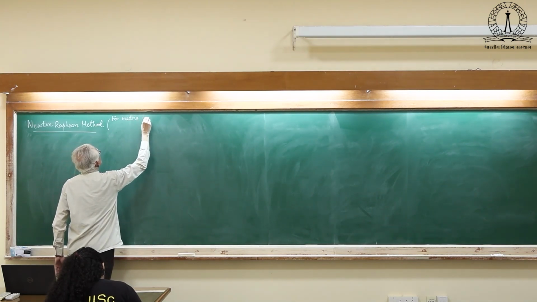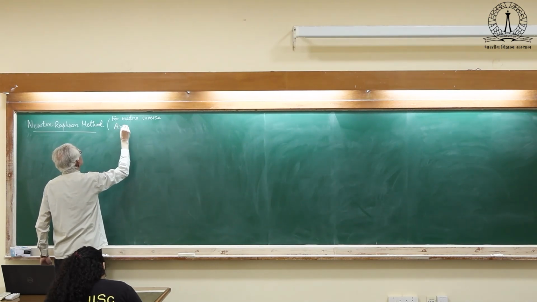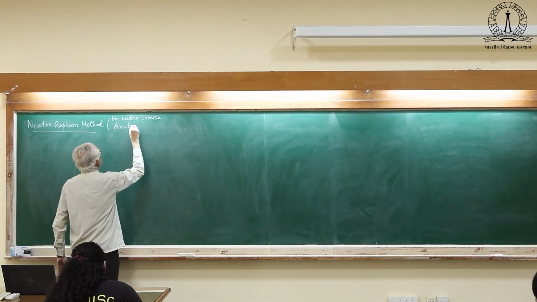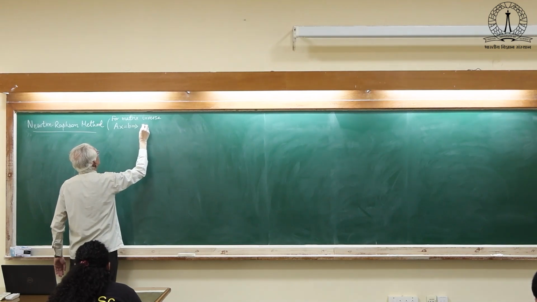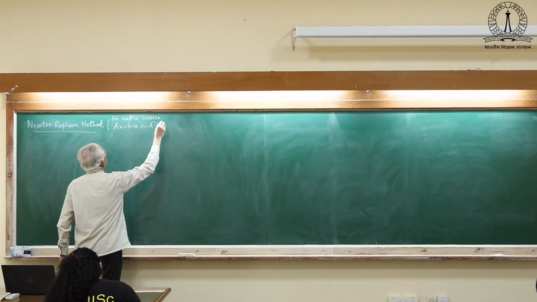Just to repeat the notation, the problem is Ax = b, which is solved as x = A inverse times b.